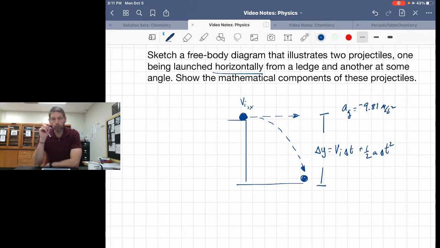For free-falling objects, we know that the initial velocity on the y equals 0, so this term equals 0. And so what we have is delta y equals 1/2 a delta t squared.